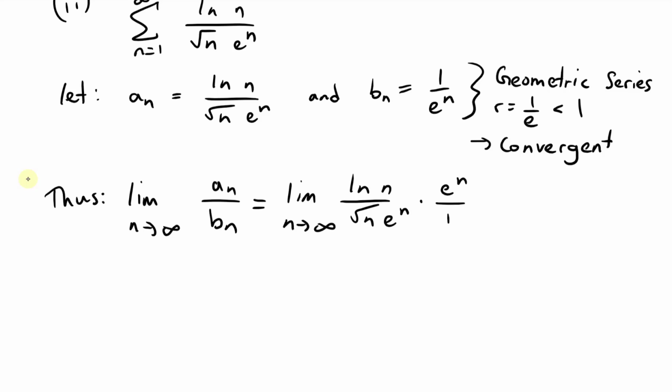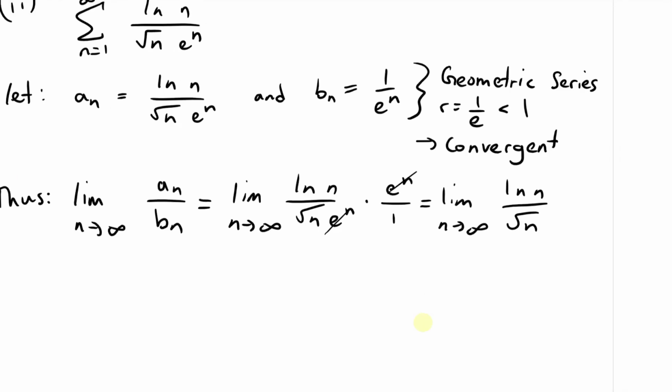So this cancels with this. So this is going to equal the limit as n approaches infinity of ln n over square root n. As I alluded to a few seconds ago, as n approaches infinity, the top and the bottom are both approaching infinity. So we have infinity over infinity, so we can apply L'Hopital's rule.